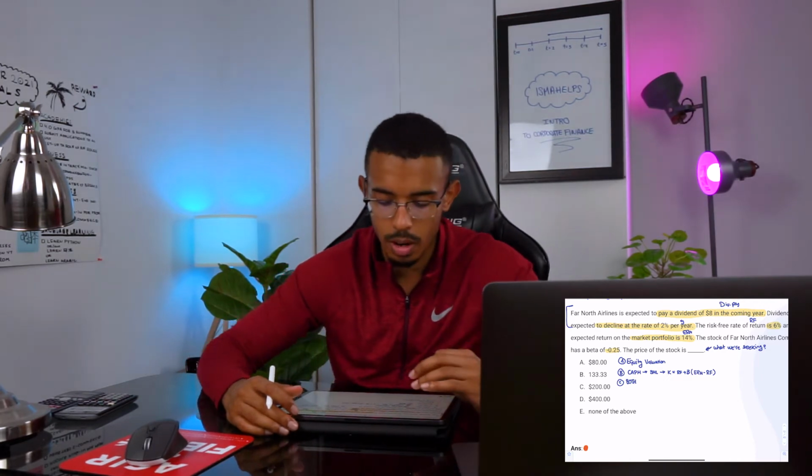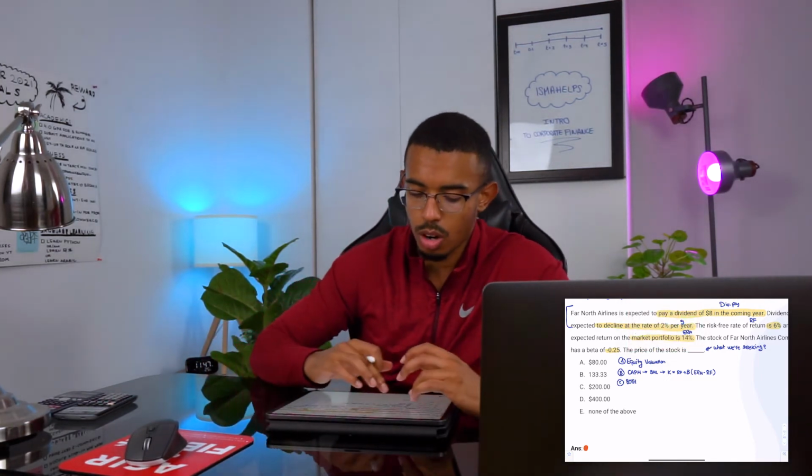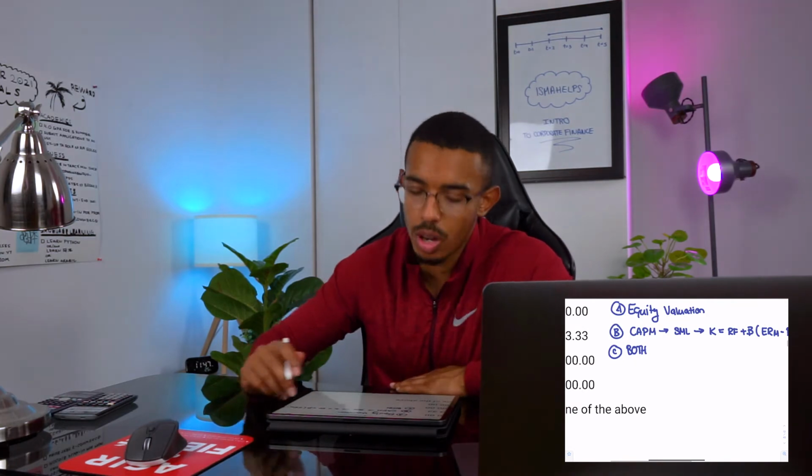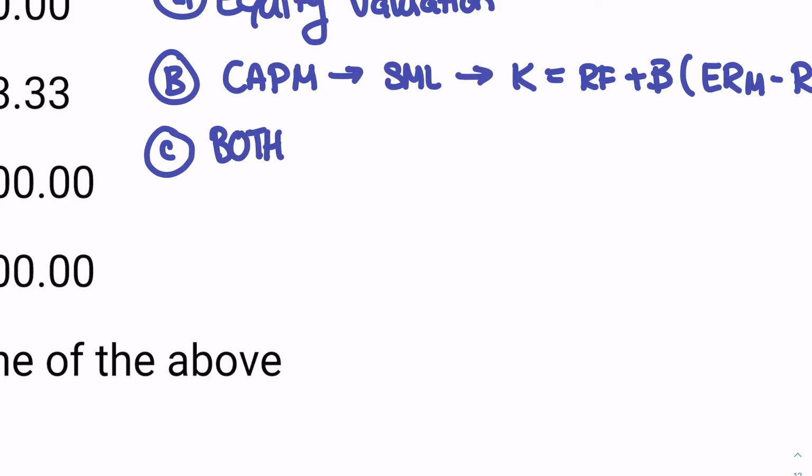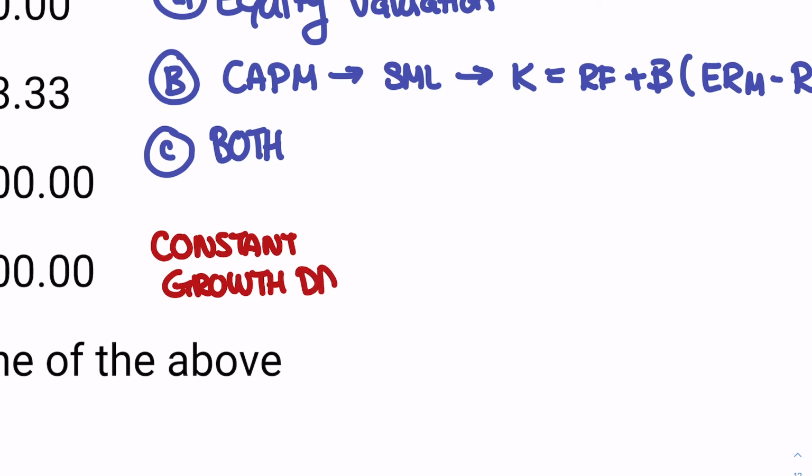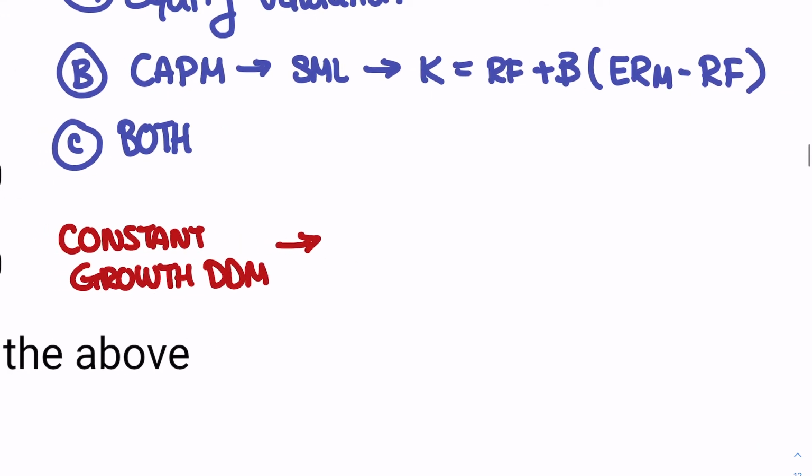And if you remember in equity valuation, we dealt with our whole constant growth DDM, the dividend discount model. And if you remember, this essentially said that the price of any given stock today is equal to the future dividend payment over K minus G.